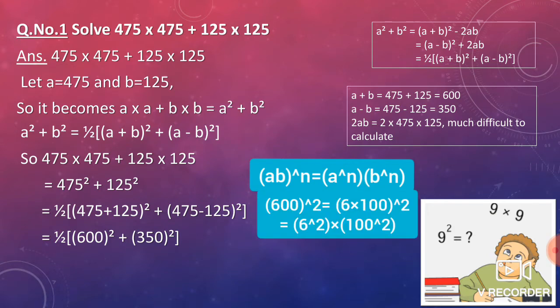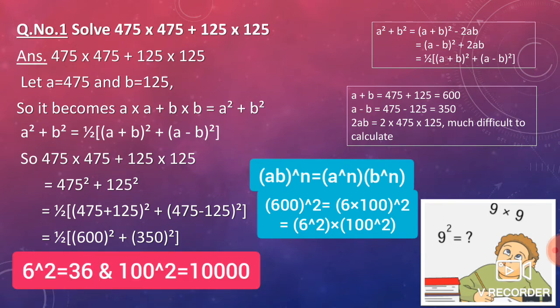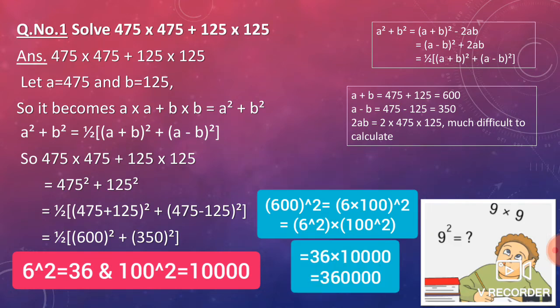So 600 can be written as 6 into 100 whole square. That is equal to 6 square into 100 square. 6 square is 36 and 100 square is those zeros repeated twice, that is 10,000. So the answer will be 360,000.